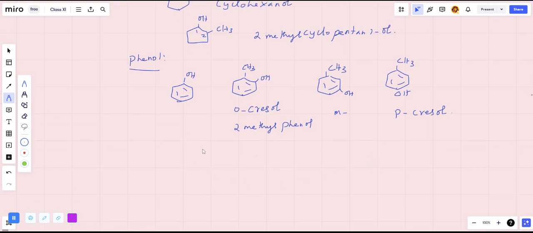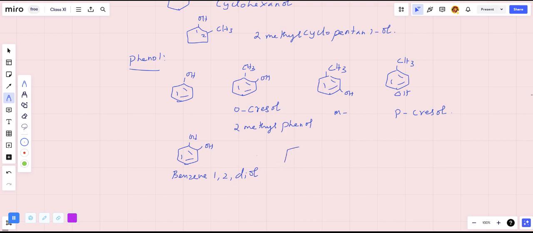So this is all monohydric alcohol. If it is a dihydric alcohol, two alcohol groups are there. Two alcohol groups on benzene: this is benzene-1,2-diol, this is the IUPAC name.